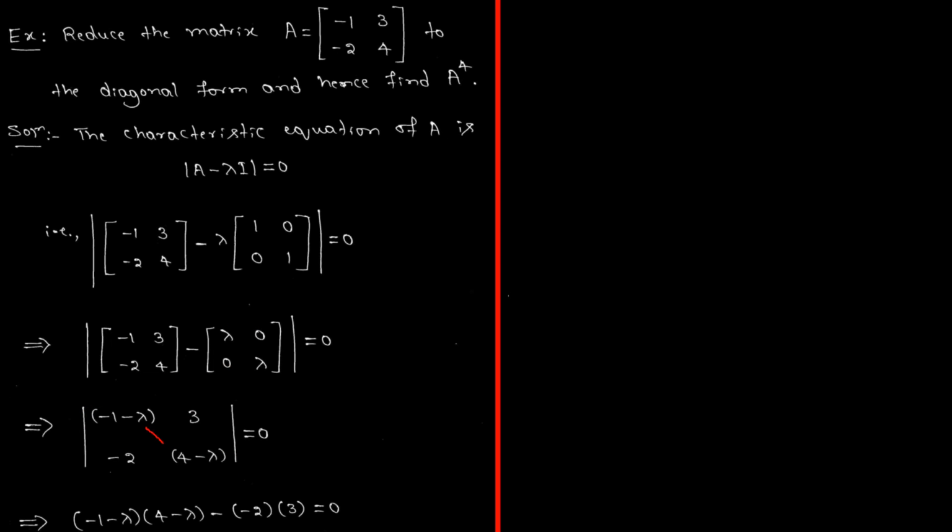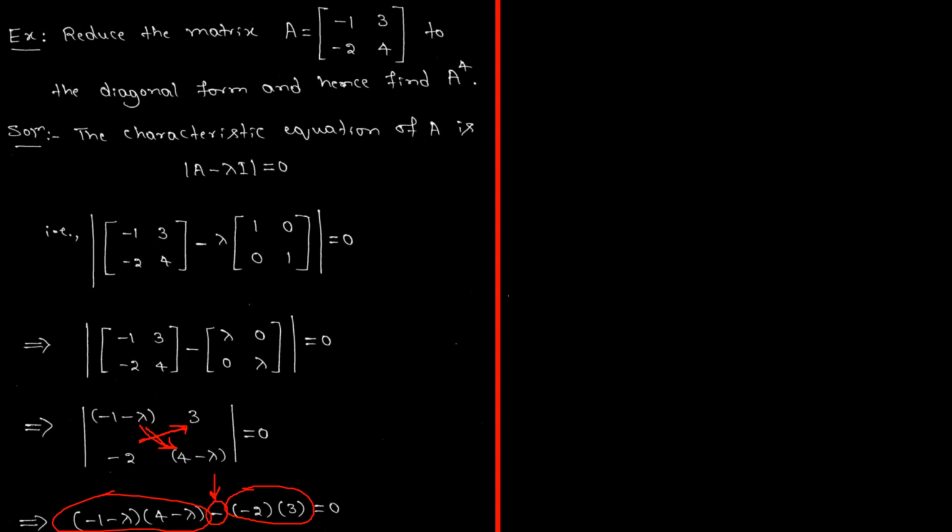By cross multiplication: the product of these two minus the product of these two, from the procedure of evaluation of a second order determinant. Then we multiply in the other way, minus 2 into 3.